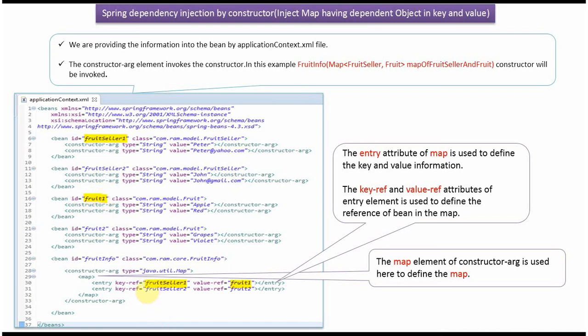And in the second key value pair, key is fruitSeller2 object and value is fruit2 object. Both are dependent objects. The map element is used to define the map and the entry element is used to define key and value information.